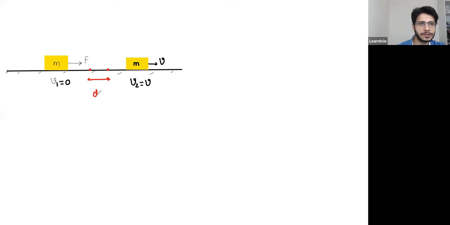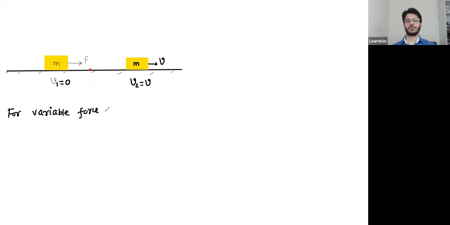If I consider this displacement dx, we are taking a very general case. If we consider that force is variable, so if I take a variable force, work done is the integral of the dot product of force and displacement.